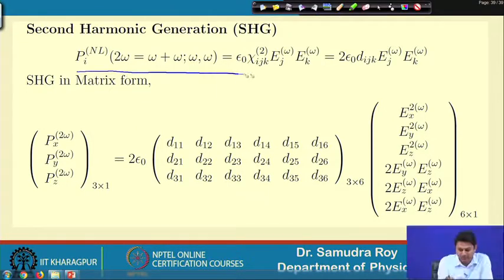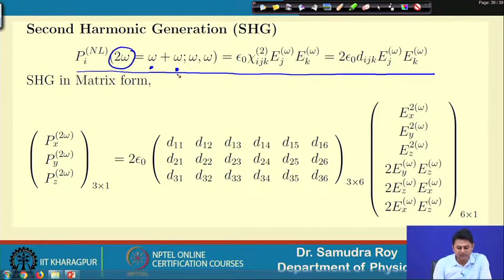Since we are dealing with second harmonic, my frequency component will be 2 omega. So, 2 omega is generated as a result of the combination of omega and omega. This is the 2 omega frequency component of the nonlinear polarization.